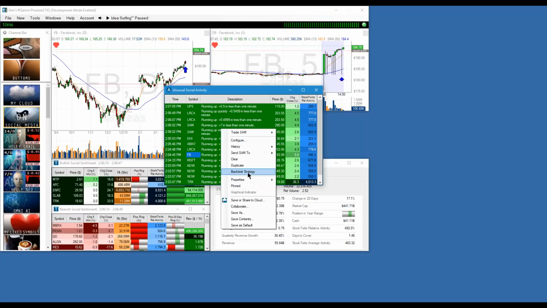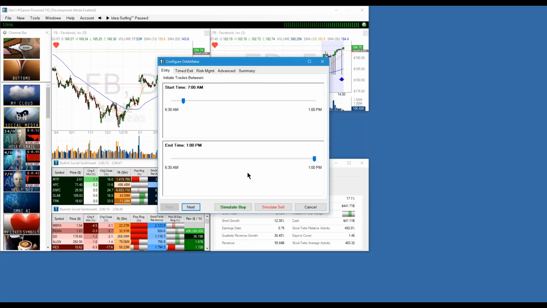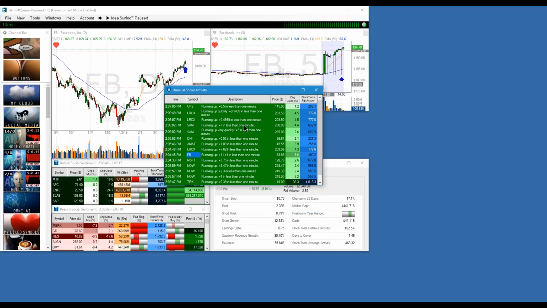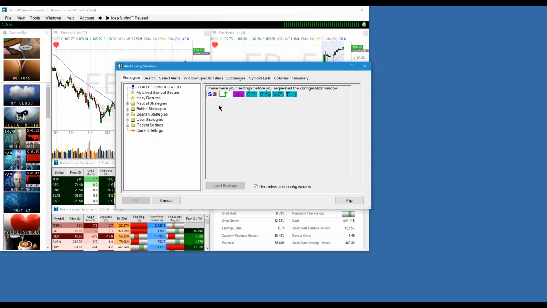I right-click and go to Backtest Strategy. This brings up a window where you can simulate a buy or a sell, for example, if all of these events were happening. It's not a very complicated window.